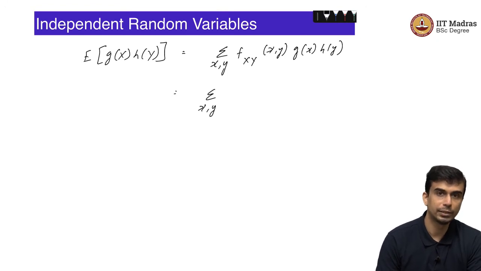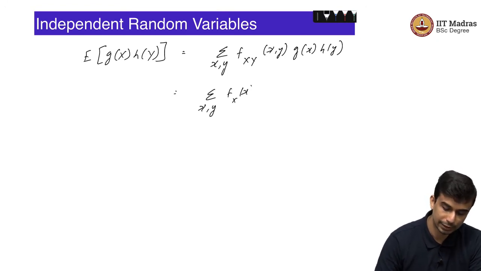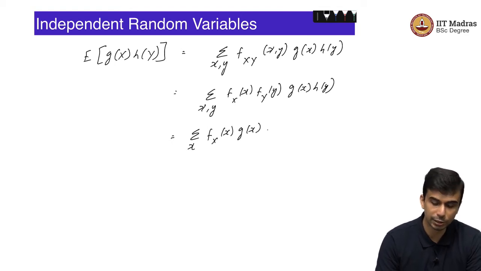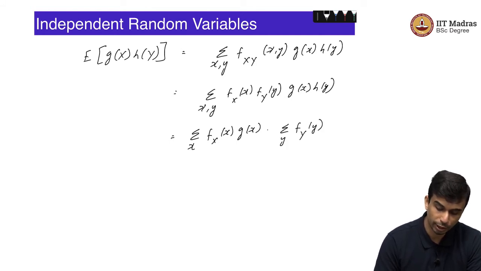But we know that if the random variables x and y are independent, this is exactly equal to the sum over x comma y of fx of x into fy of y into g of x into h of y. And by the simple distributive law you can write this as the sum over x of fx of x into g of x, into the sum over y of fy of y into h of y.